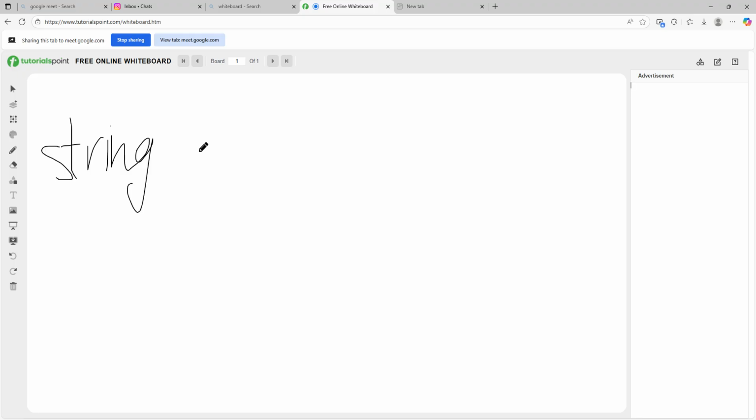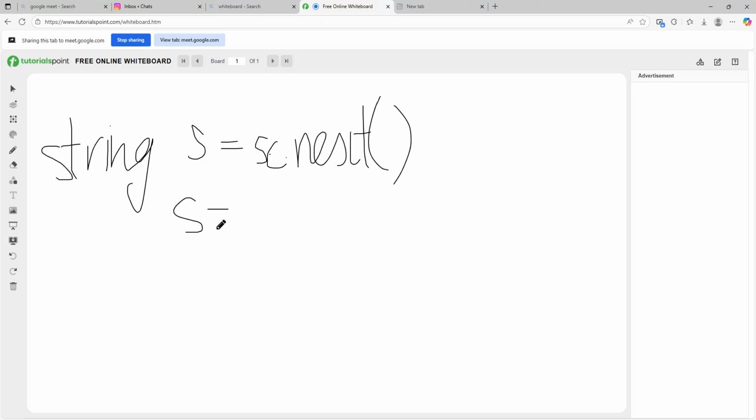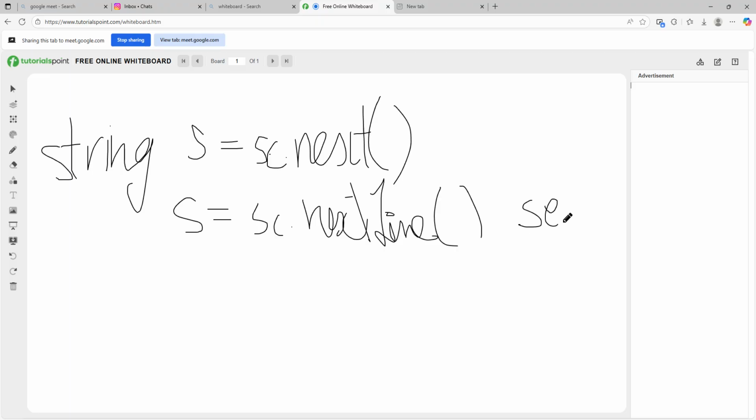To take a word from a user, that time it's String s equal to sc.next(), and if they tell you to input a sentence, then String s equal to sc.nextLine(). This is for a sentence, and this is for a word.